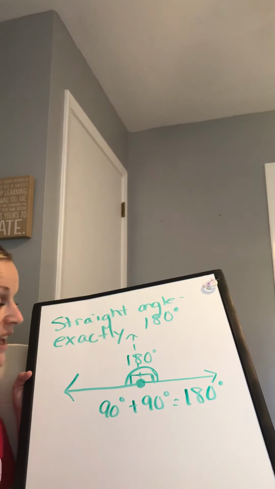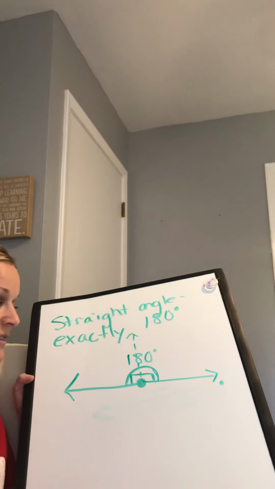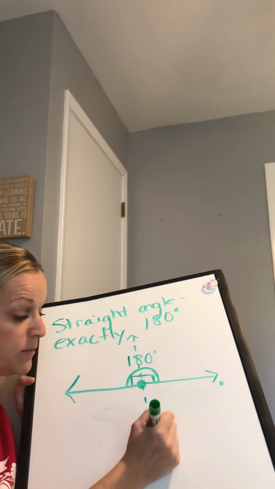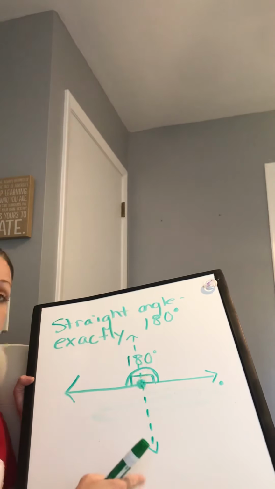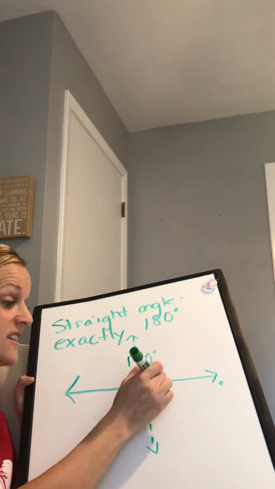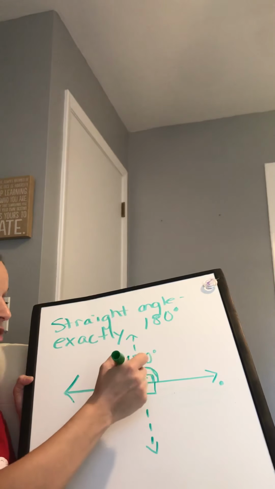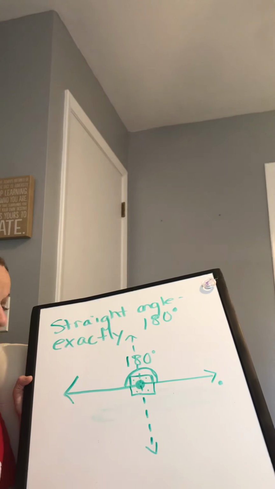Okay? If I was to make another right angle going down, because remember, doesn't matter what way it goes, I have another right angle and another right angle. 1, 2, 3, 4 right angles there I just made.